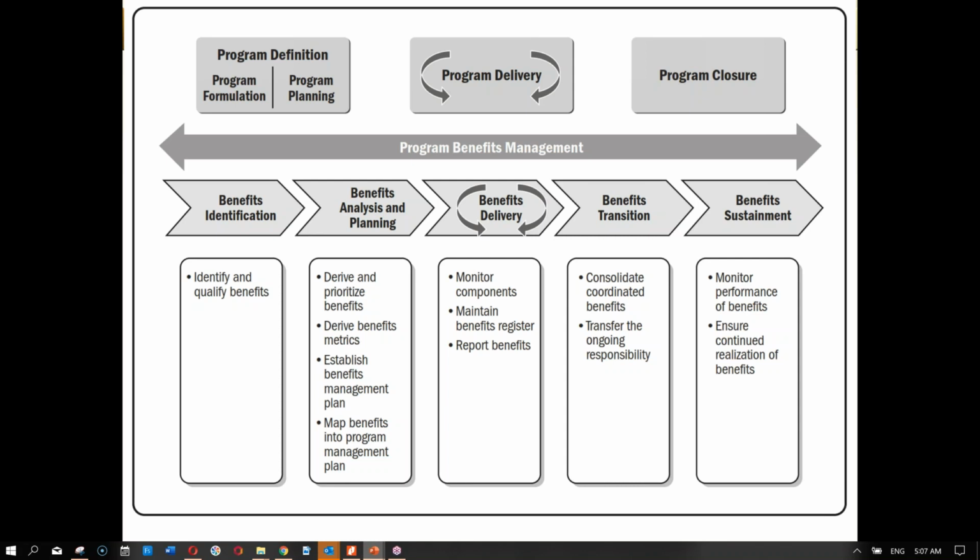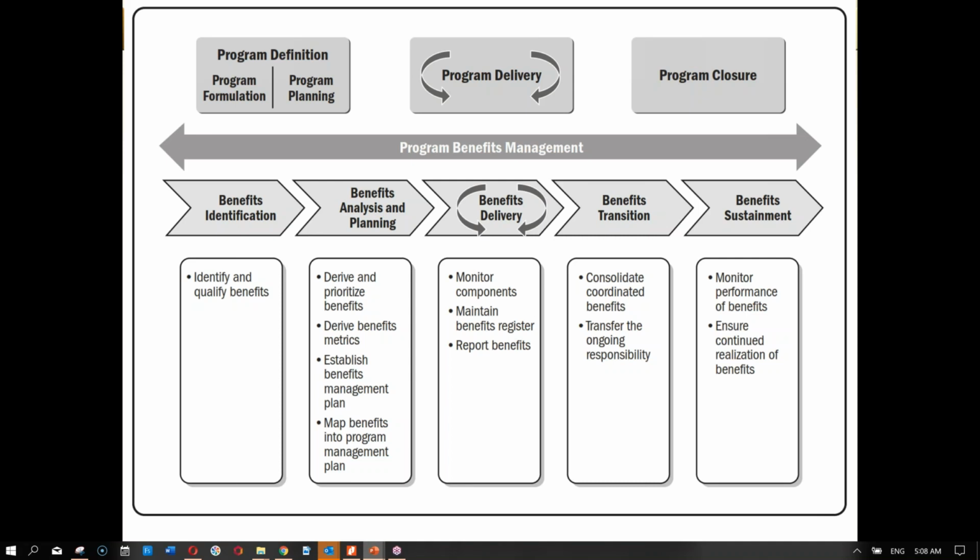Program definition is not exactly finishing as the benefit analysis and planning is finishing. Benefit analysis and planning is continuing on into the program delivery. So this is not exactly matching, and benefit analysis and planning can continue into the program delivery phase. That is exactly why it is shown with a gap.